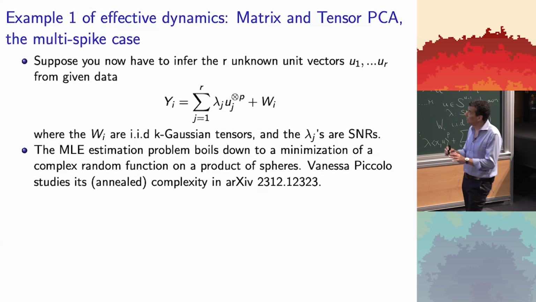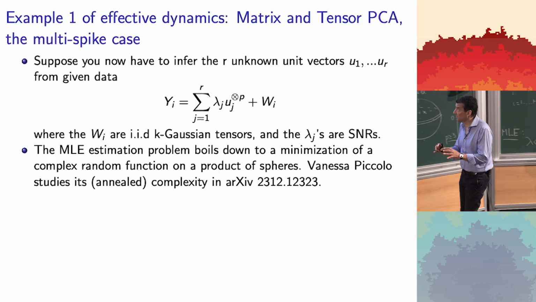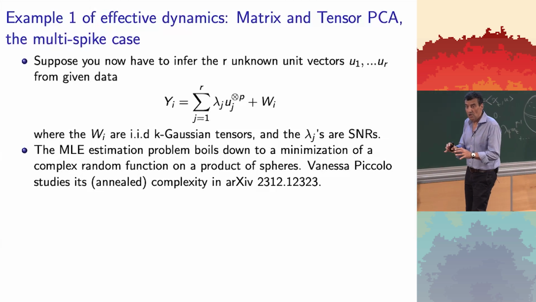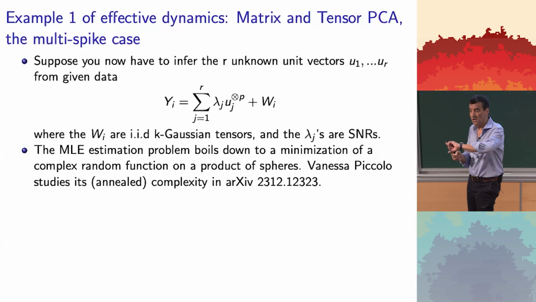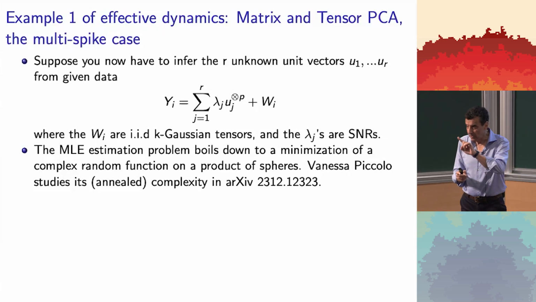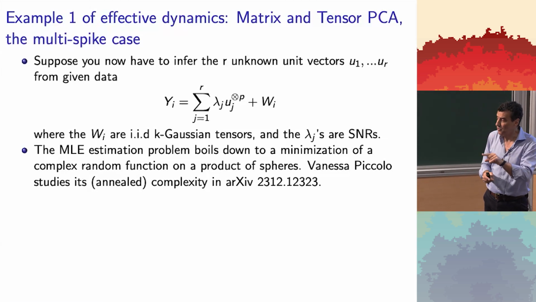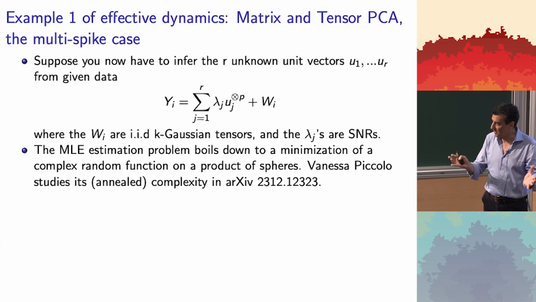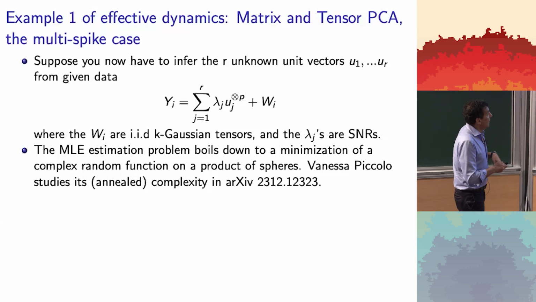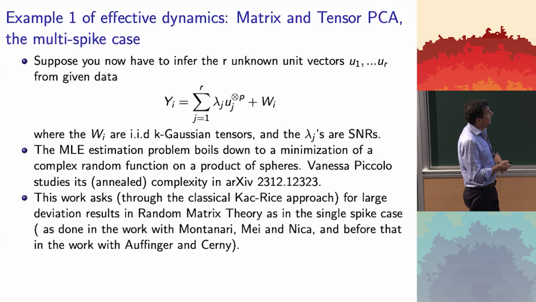Now you have to minimize a complicated random function on a product of spheres, because you have now to estimate U1, U2, U3, etc. So you're on a product of spheres. The topology is so. This works.